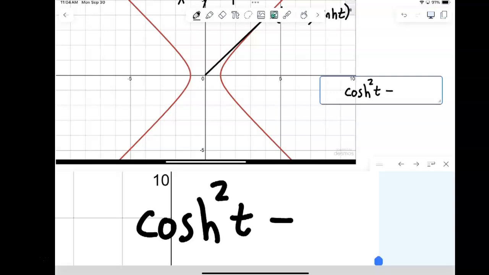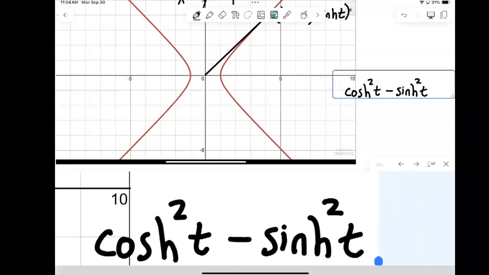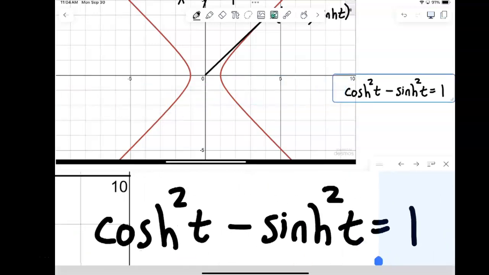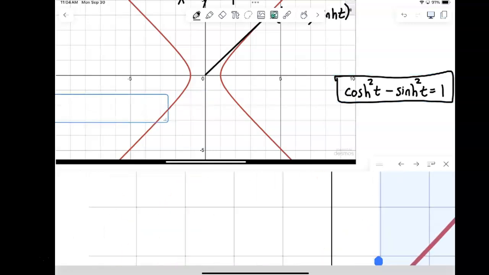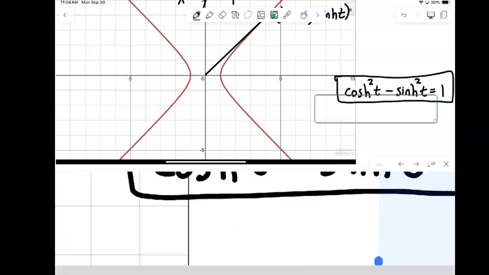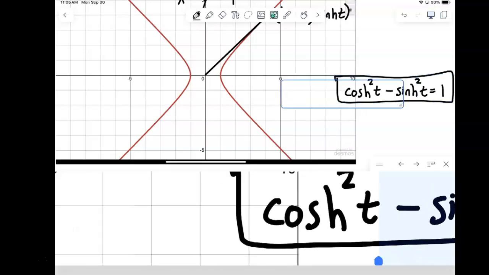Cosh squared minus sinh squared is equal to 1. And so just like we have that Pythagorean identity, cosine squared plus sine squared equals 1, it's a real big identity for our trig functions. Well, this is a real big identity for our hyperbolic functions. So it becomes a real big deal.